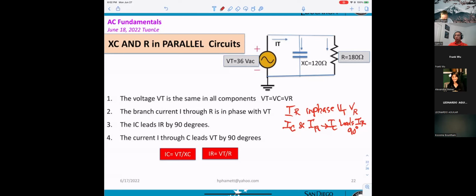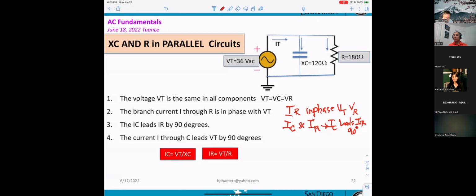The only thing is, IR is in phase with V total, in phase with VR. And IC leads VC by 90, that's why IC will be leading IR by 90.